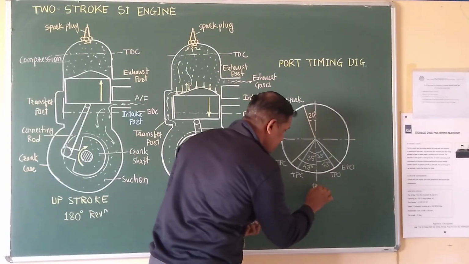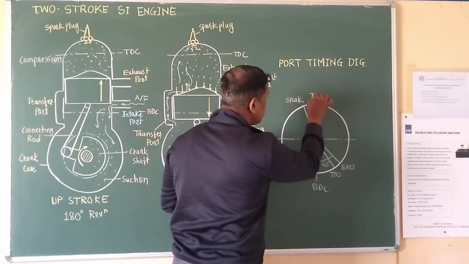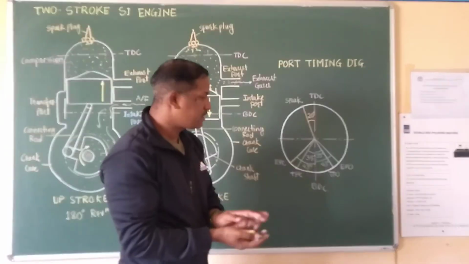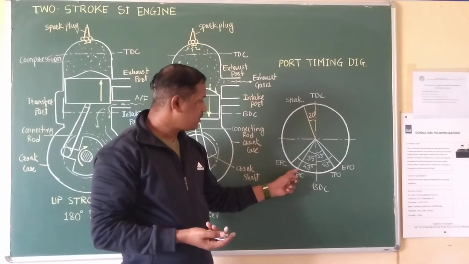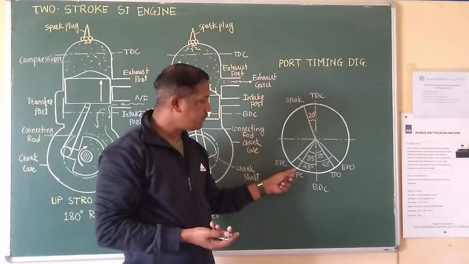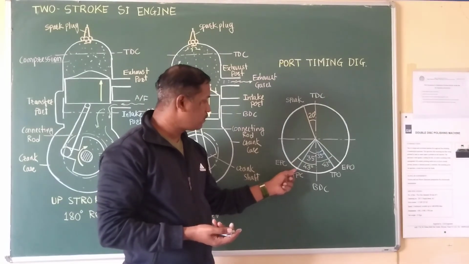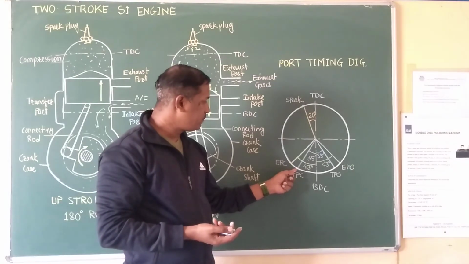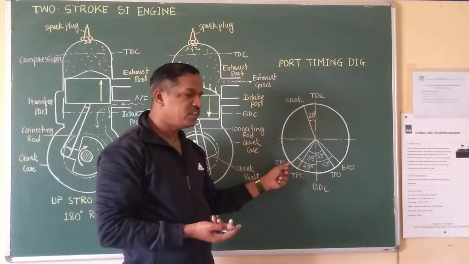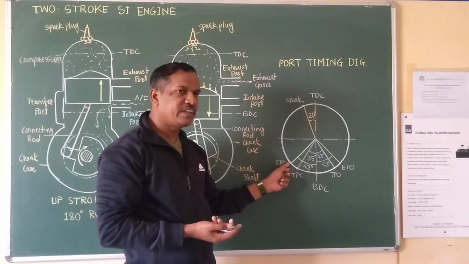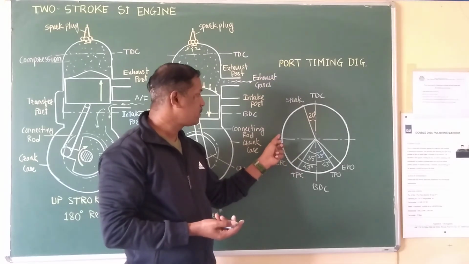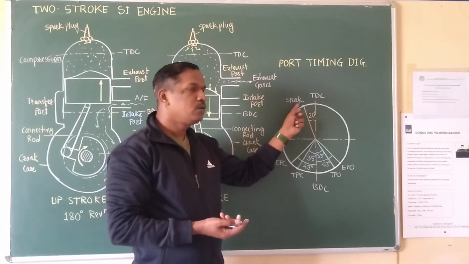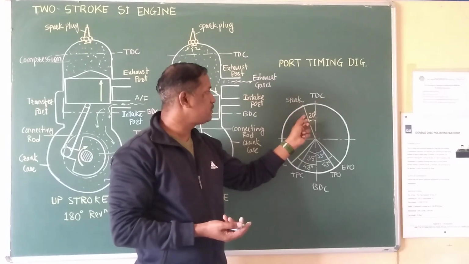And this is the downward stroke now. After the power stroke, that is after spark is produced and expansion started, that puts force on the piston and the piston moves towards BDC. So first the exhaust port opens, then the transfer port opens. So here first the exhaust port opens.